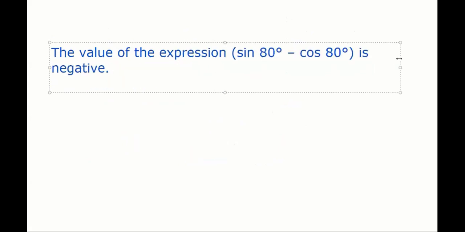Tell me this one, true or false and why. The value of the expression sin 80 degrees minus cos 80 degrees is negative. True, false, and why? Asta says false.